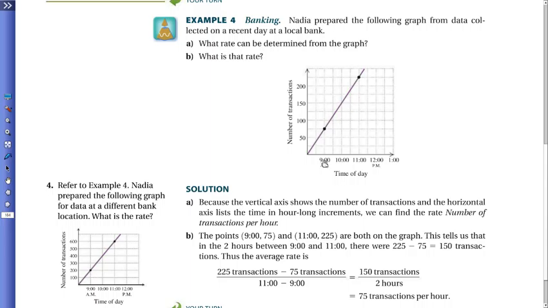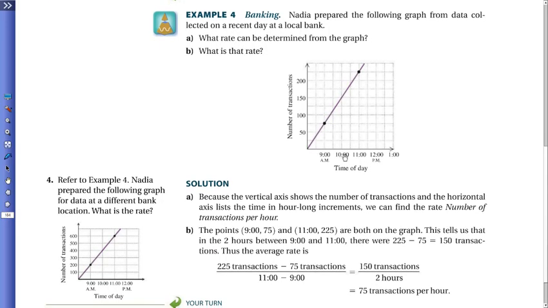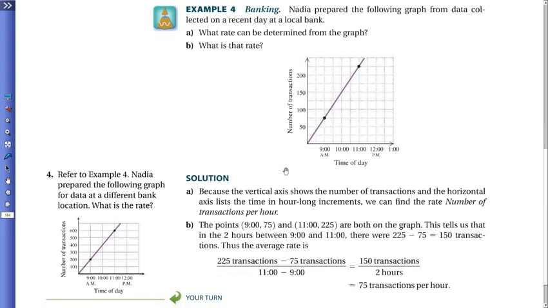We could think there's a certain amount of minutes between 9 a.m. and 10 a.m., or hours, if I want to do it that way. In fact, that would be the grid lines. If I go from here to here, well, excuse me, it's not, is it? It's actually, these grids are 30 minutes at a time. So from here to here it goes to 9:30, then to 10, 10:30, 11, 11:30, but they just label every other one, right? In the vertical is the number of transactions that occur.